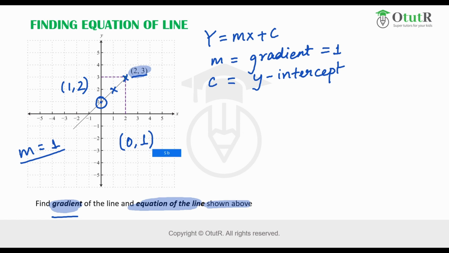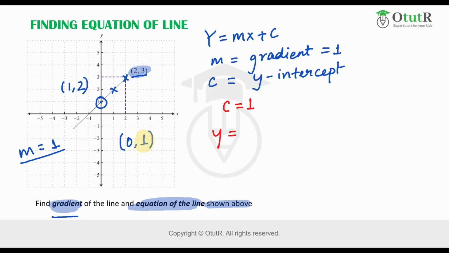Yes. We are going to consider the non-zero part as the y-intercept. So we are going to consider 1 as our y-intercept. So your c is 1 as well. So your m is 1, your c is 1, and your equation looks like y is equal to mx plus c.